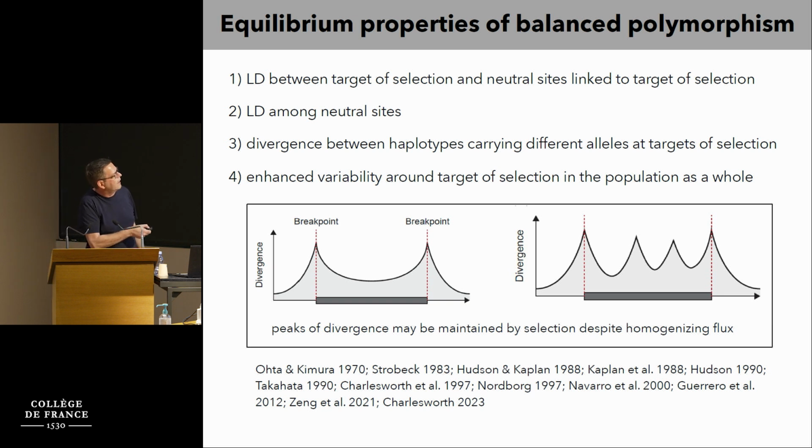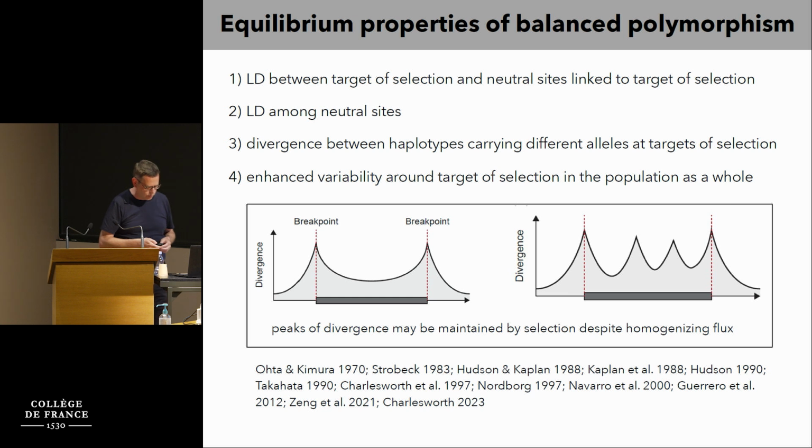So here variability or divergence would be more homogenized, but we would still see some elevated divergence even there. An alternative scenario could be that there might also be targets of selection in the center of the inversion, away from the breakpoints, with all these peaks being in linkage disequilibrium, and with these peaks in the center being maintained over time despite homogenizing gene flux, carving out this suspension bridge pattern with additional peaks.